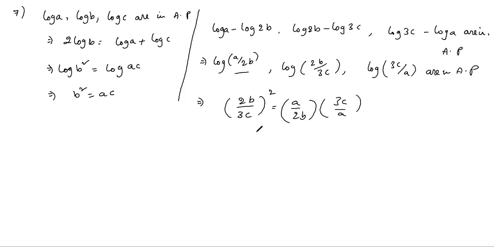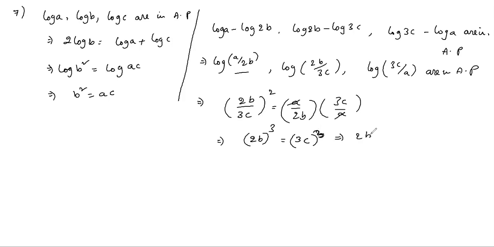So by simplifying, 2B square into 2B, A will cancel. 2B whole cube, cross multiplication, and 3C into 3C, 3C whole square. Now B square equals AC, AC whole square into 3C, sorry, this is 3C whole cube.